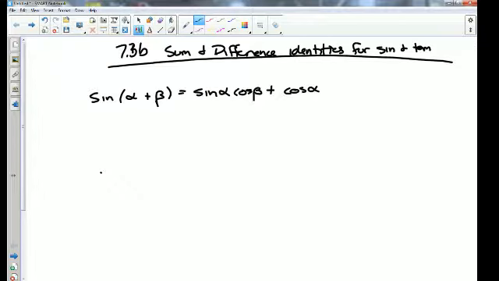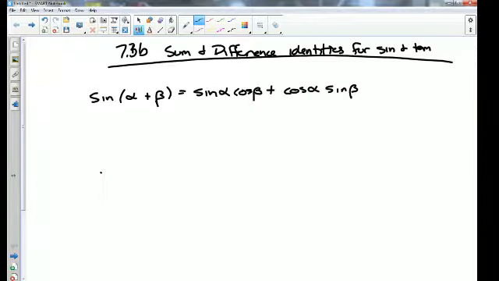No, it's alpha and beta. What did you call it? Caleb wouldn't know that. Taily, fishy and taily. I couldn't come up with anything more original than that. Okay, that's the sum identity for sine.